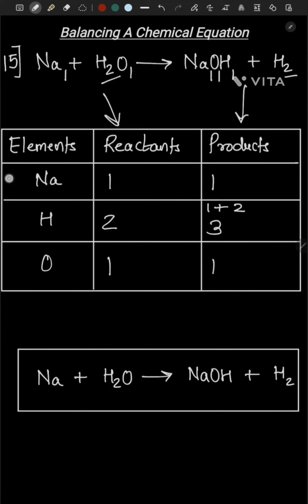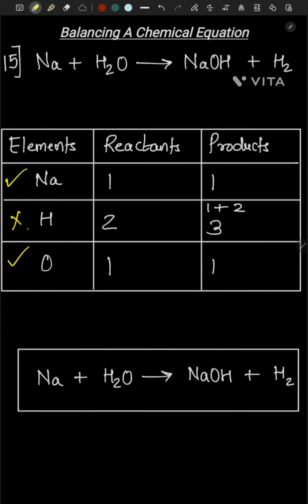So when we see now, sodium seems to be balanced, even oxygen seems to be balanced with 1 and 1, whereas hydrogen is not balanced. Let us try to balance this first, as sodium and oxygen seem to be already balanced and hydrogen is not.